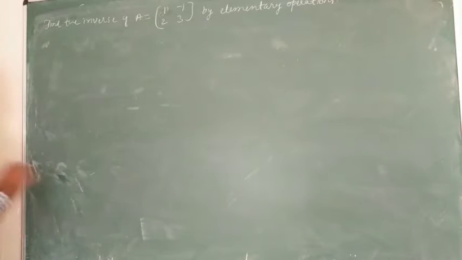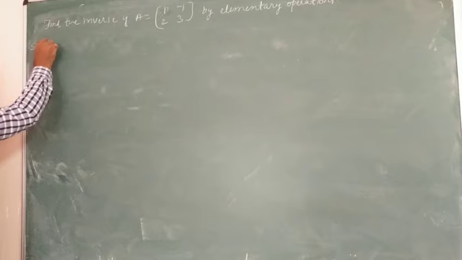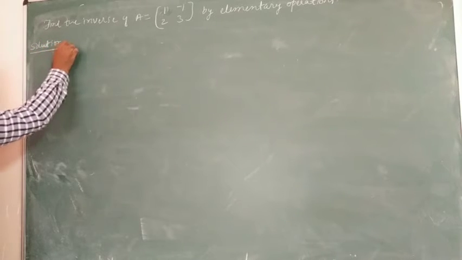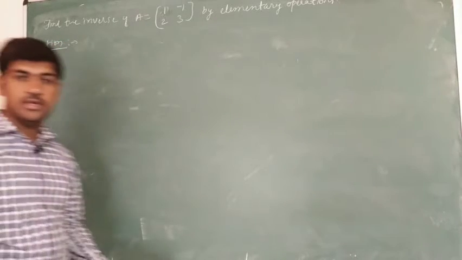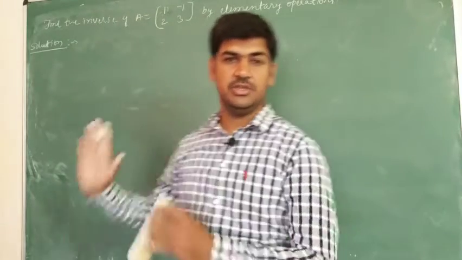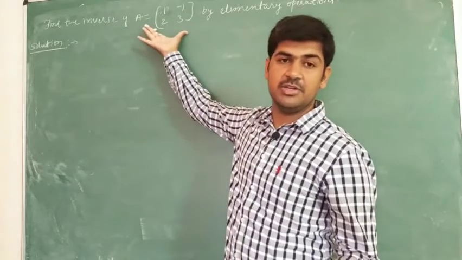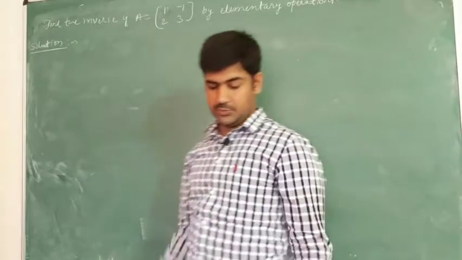What type of question is it? To find the inverse of a square matrix using elementary operations or transformations is the question. First I have taken a square matrix of order 2. So let us start.